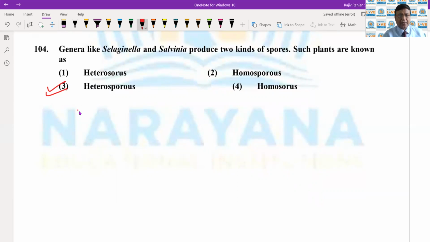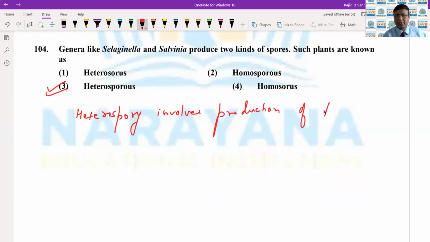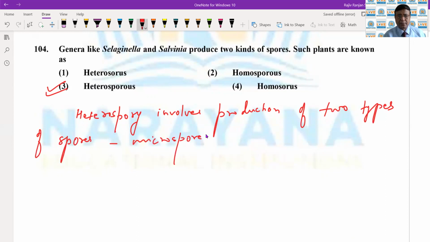Okay, so heterospory involves production of two types of spores, microspores and megaspores.